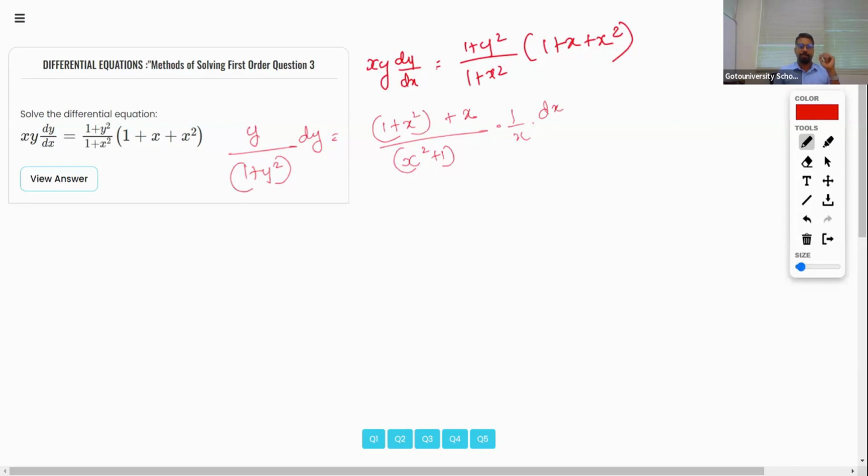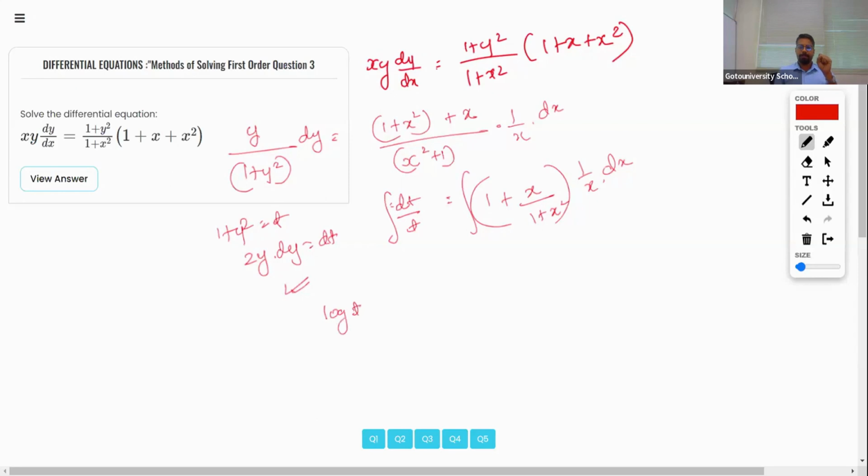Now let us assume 1 plus y square as t. Then 2y dy is equal to dt. The left hand side is just solved by substitution. On the right hand side, dt by t integral is equal to, dividing them individually, 1 plus x by x square into 1 by x dx. Are you understanding? So this is also integrated now.